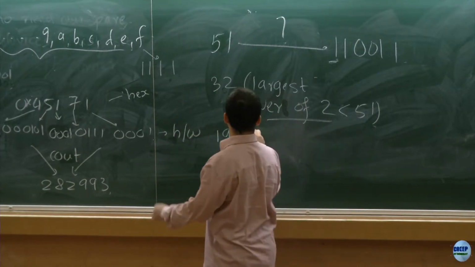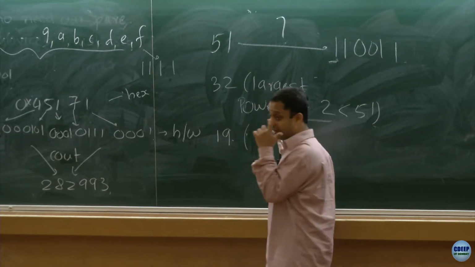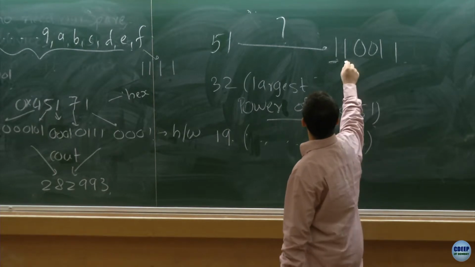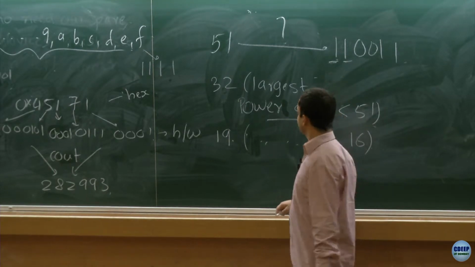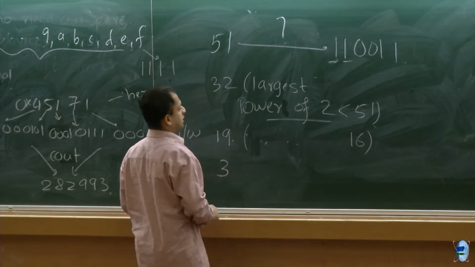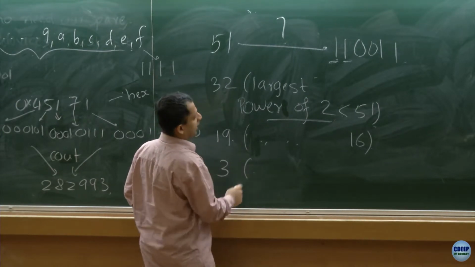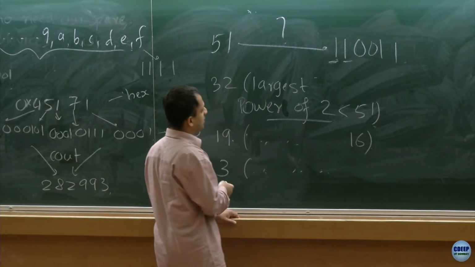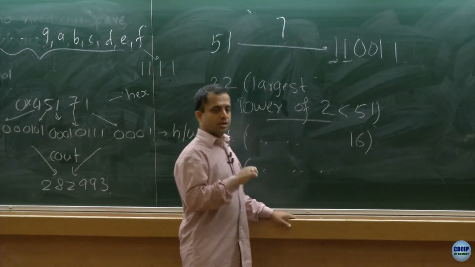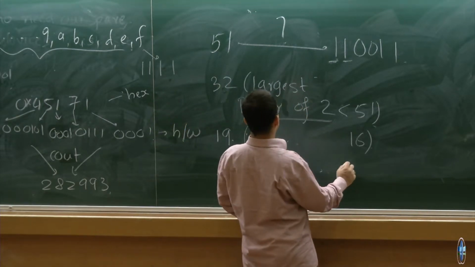And what's the next largest value? Next largest power? 16. So that gives you this second 1. And again you look at the remainder, 3, which is 19 minus 16, and again you look at the same thing, the largest power which is less than 3, that is 2.